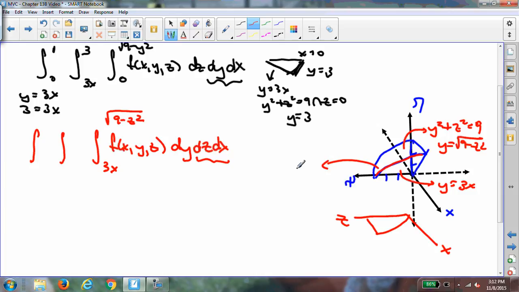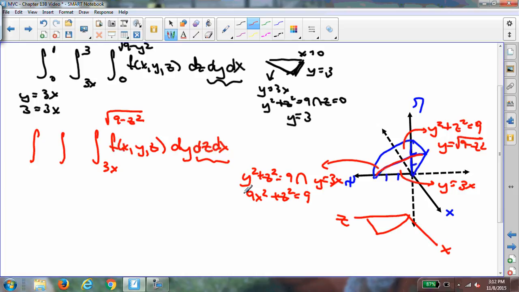That curve there is from the intersection of y squared plus z squared equals 9, intersecting with y equals 3x. So if I combine those equations together and get an equation only in terms of z's and x's, that's going to be one of the bounds on my curve. So let's see, y equals 3x, so that would be 9x squared plus z squared equals 9.